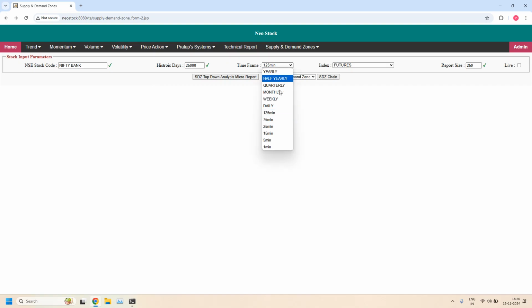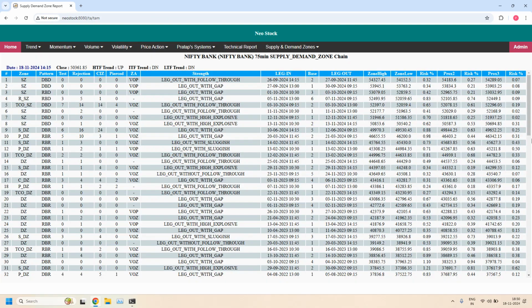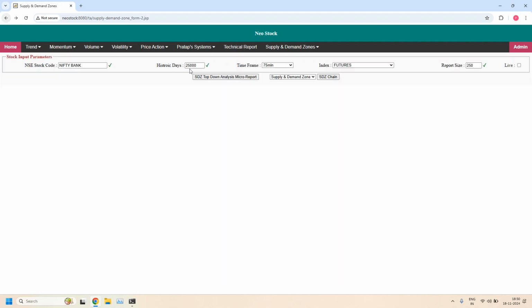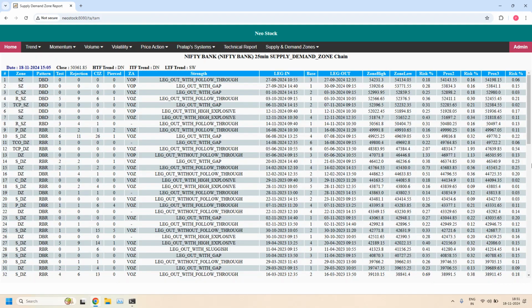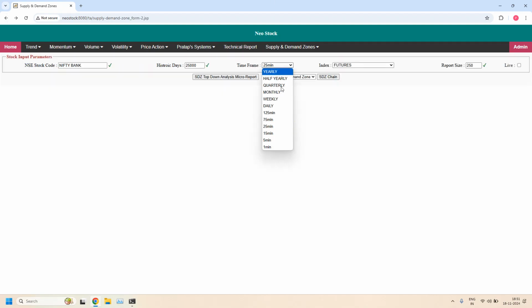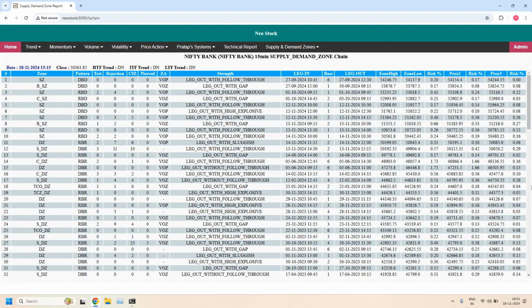Next time frame is 75 minutes, generating the 75 minute supply demand zone chain for Bank Nifty. Next is 25 minutes, generating the 25 minute chain. Next is 15 minutes, generating the 15 minute chain.